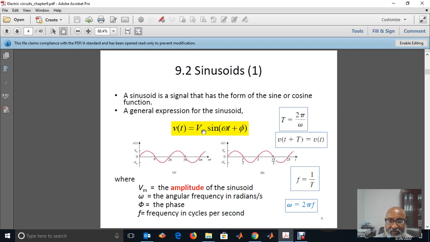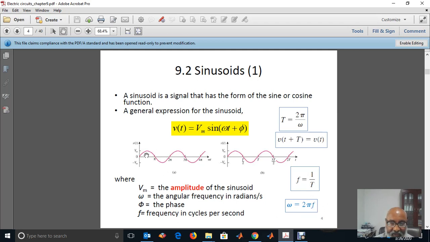Vm we call the amplitude, or the peak amplitude, of the signal, omega is the angular frequency in radians per second, phi is the phase shift, and f is the frequency. We know that T is the fundamental period, 2 pi over omega, the frequency is 1 over T, and omega is 2 pi f in radians per second.